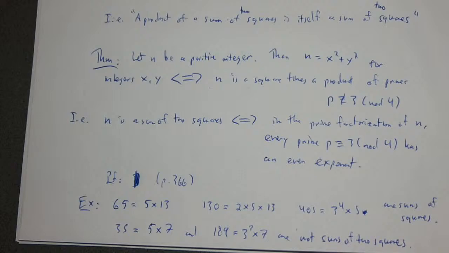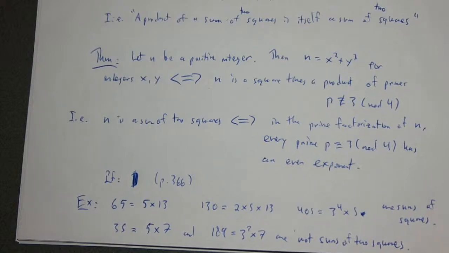But while these last two can't be written as sums of two squares, they can be written as sums of four squares. Right? Because every positive integer can be written as a sum of four squares according to that theorem of Lagrange. All right. So that's kind of the last way I wanted to apply Minkowski's theorem.